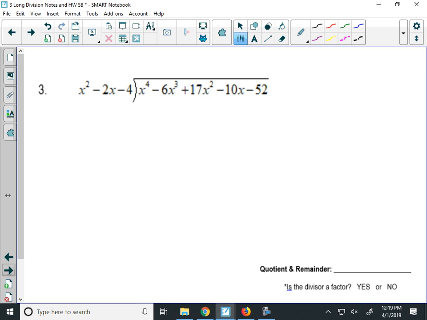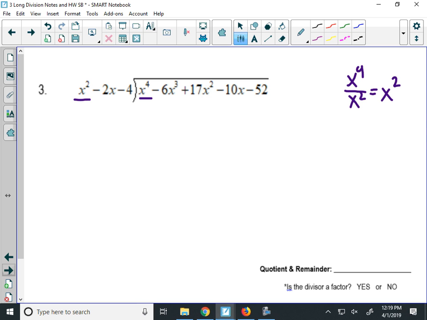All right, this one looks a little more challenging because what I'm dividing by, my divisor, is x squared minus 2x minus 4. It's a little longer this time. So I start by making sure I'm in standard form. I have exponents 4, 3, 2, 1, 0, so I'm good to start. x to the 4th divided by x squared gives you x squared.